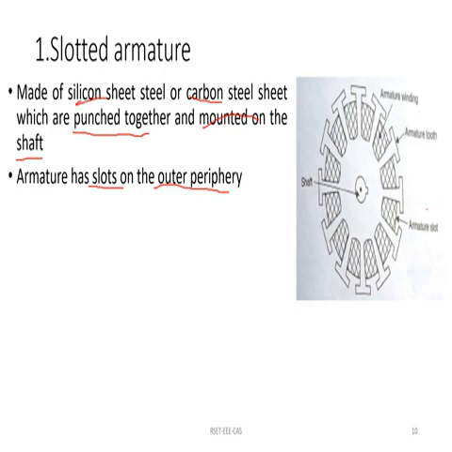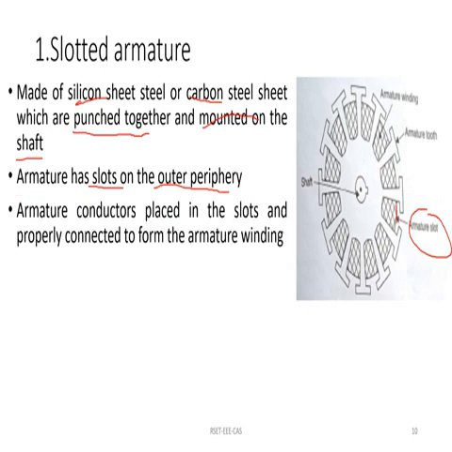So these are the armature slots. As you can see, it is on the outer periphery. Now these armature conductors, which are properly connected to form the armature winding, are placed in the slots. So the armature slots have armature winding.